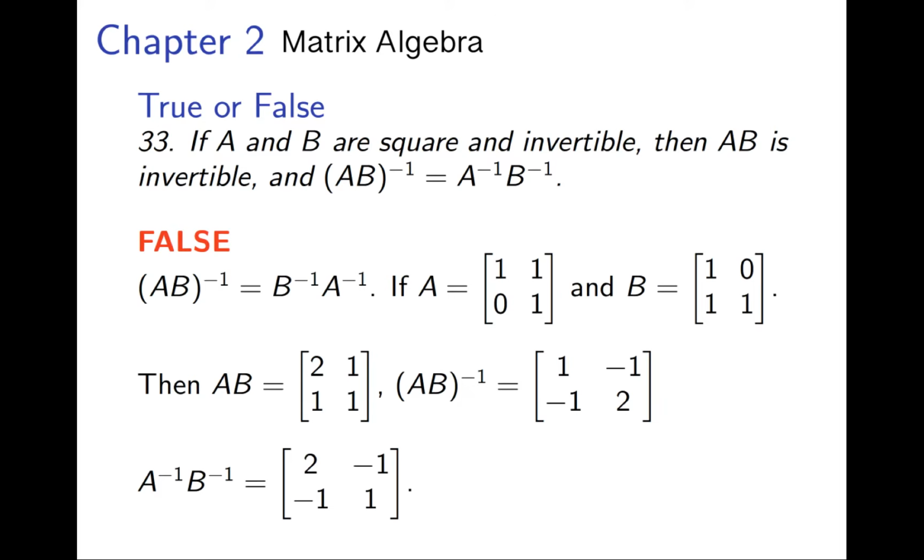So for example, if A is the matrix 1, 0, 1, 1, and B is the matrix 1, 1, 0, 1, then you could check that their product is 2, 1, 1, 1, and the inverse of their product is 1, negative 1, negative 1, 2. Yet the product A inverse times B inverse will give us 2, negative 1, negative 1, 1. These are not the same.